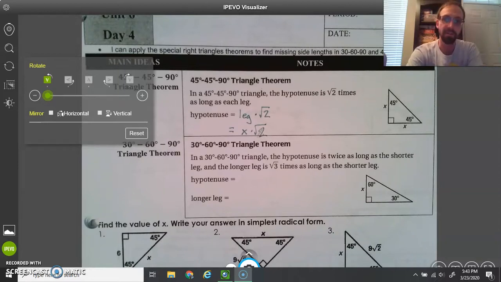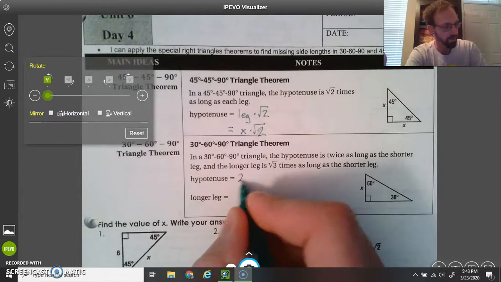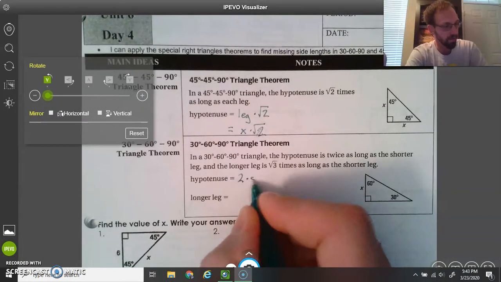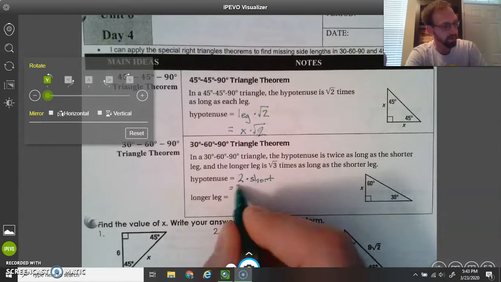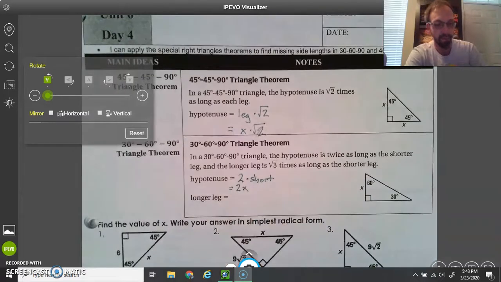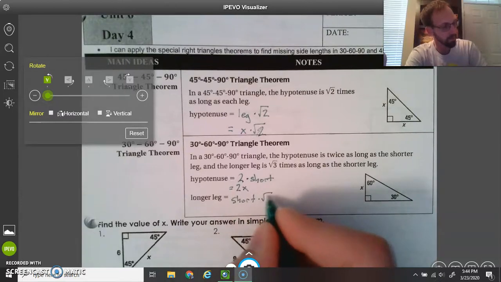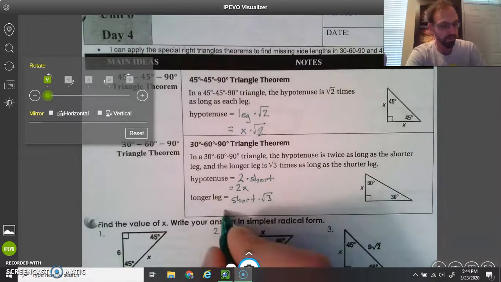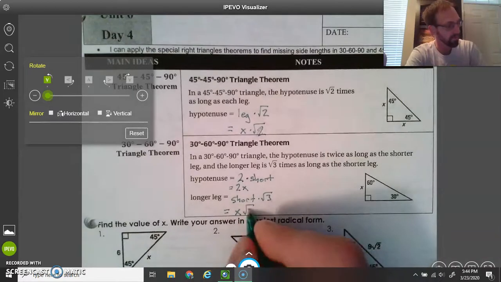So to get the hypotenuse, we take the shorter leg times 2, in this case 2x. And the longer leg is the short leg times square root of 3, so in this case x times square root of 3.